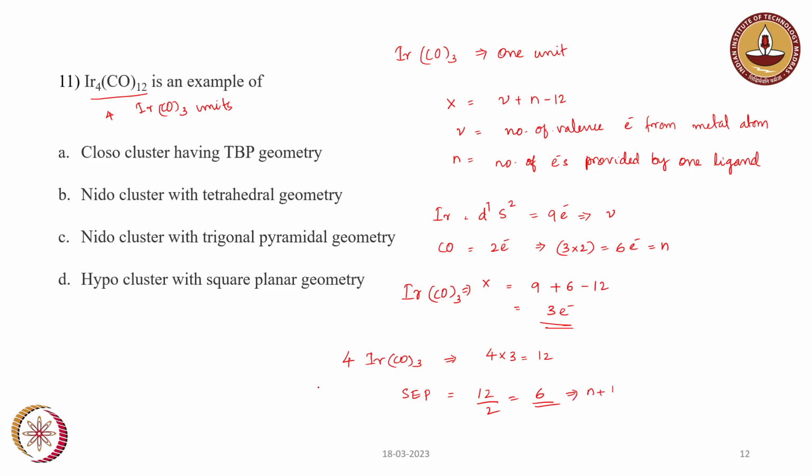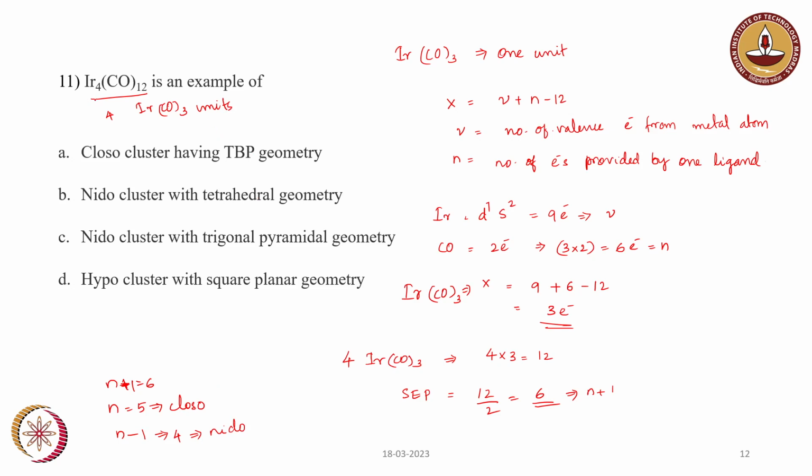So we have n plus 1 equal to 6, and n equal to 5 will be closo, and n minus 1 will be 4, which will be nido.